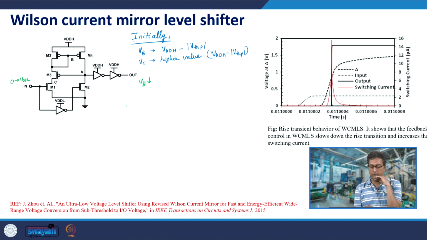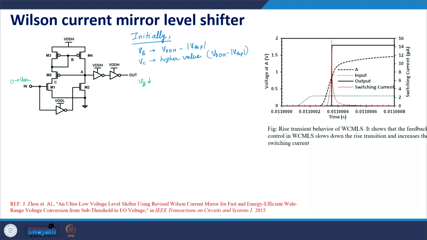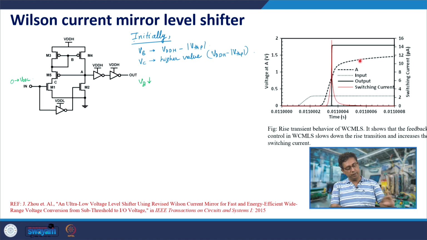Once VB starts falling, M4 is turned on, and VA starts to rise, as is being seen here. Once VA rises to a value sufficient to turn off M5 and reduce the current through M5, the rise of VA is very small, and eventually M5 is turned off and therefore M3 is also turned off, and VA reaches a steady state value as we had seen earlier.